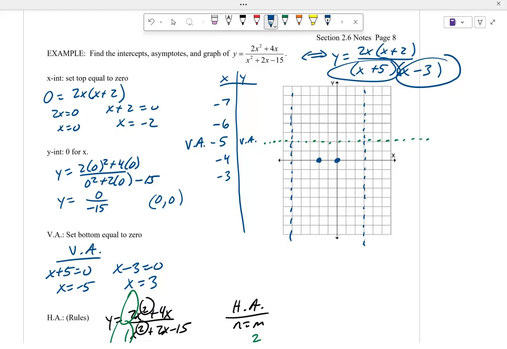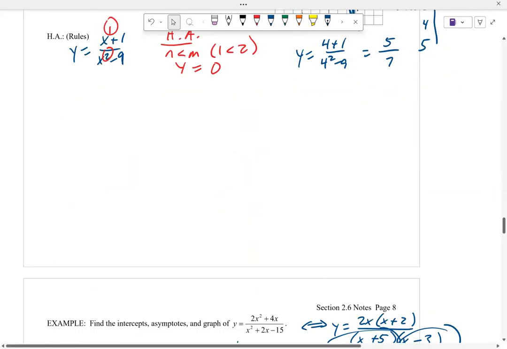Negative 2, we know it hits 0. Negative 1, 0 also hits 0, we know that. And then 3 was our vertical asymptote, so it'd be nice to throw in like a 4, maybe a 5. And let's throw them in between those two x-intercepts, like negative 1. So I got 2 times negative 1 squared plus 4 times negative 1. Whoops.